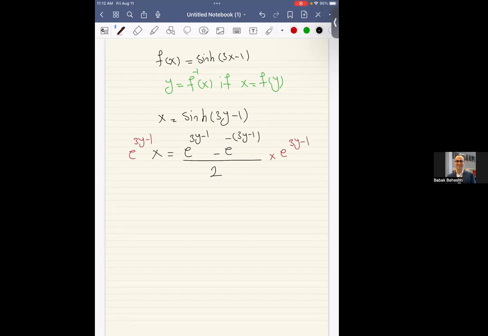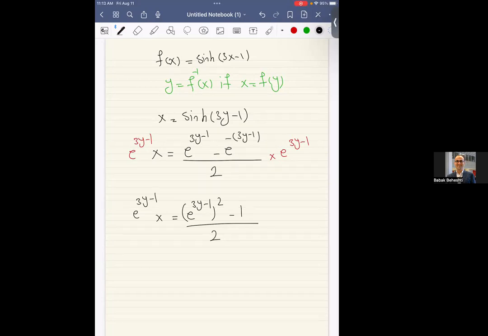So you get e^(3y-1) times x equal to ((e^(3y-1))^2 - 1)/2, because e^(3y-1) times e^(-(3y-1)) is just e^0, which is 1.